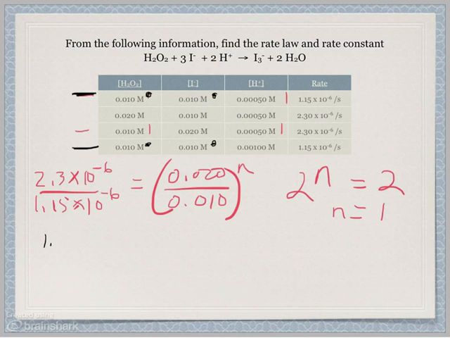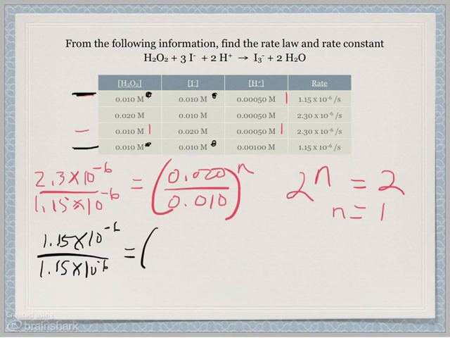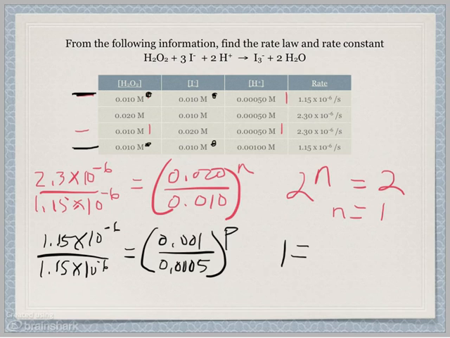You have 1.15 times 10 to the negative 6 over 1.15 times 10 to the negative 6, and that's going to be equal to 0.001 over 0.0005. And we're looking for p in this case. For this, we end up with 1 equal to 2p, so p is just going to be equal to 0, because anything to the 0th power comes out to be 1.